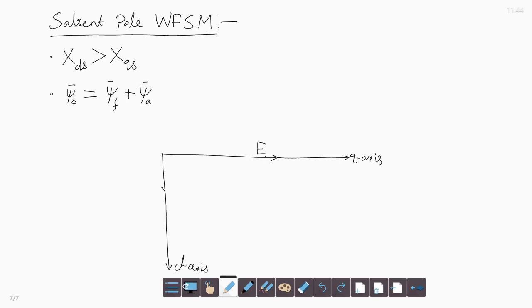We have the current Ids along the d axis, and we have the stator current Is, which has the components Ids and Iqs.